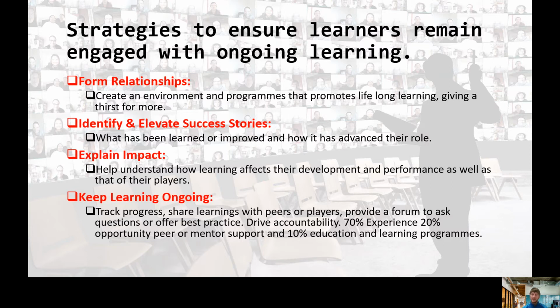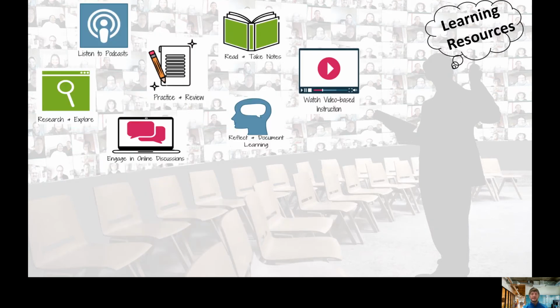We'll explain the impact they have, so help them understand how learning affects their development and performance, but also help develop the development and performance of their players. And we'll keep learning ongoing, so we'll get them to take some ownership and drive accountability for tracking their progress, sharing their learning with peers and players, providing forums for them to ask questions and seek best practice.